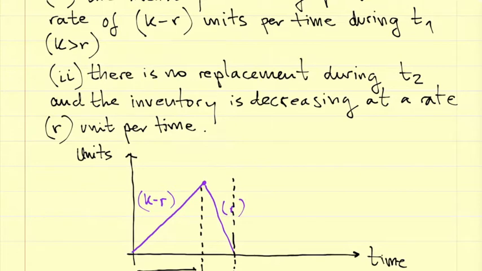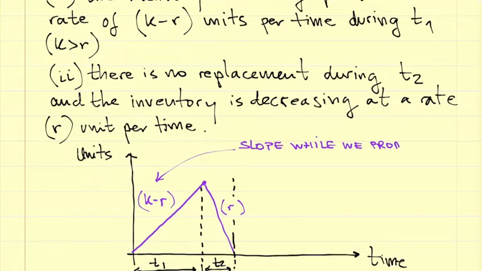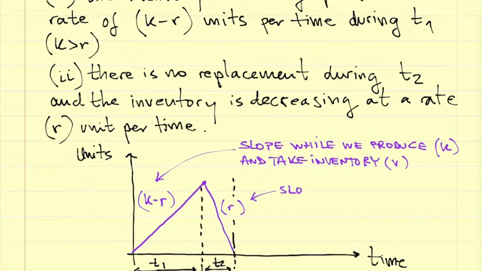So this is T1, this is T2, slope while we produce, okay, and take inventory R. Slope while we take inventory.